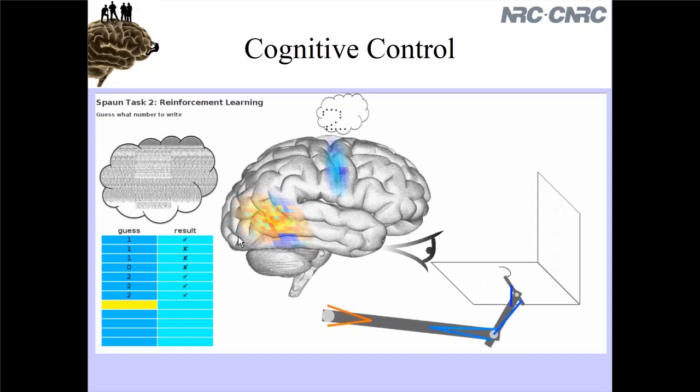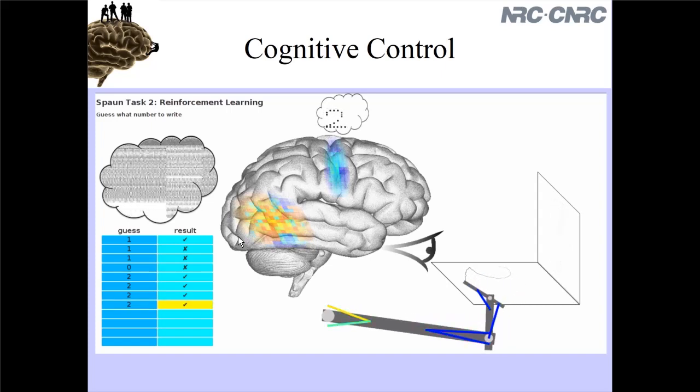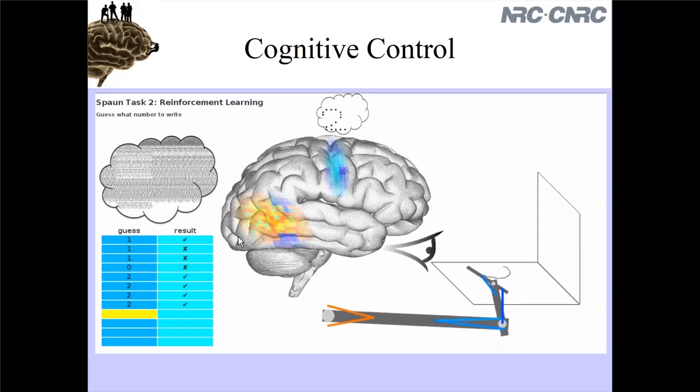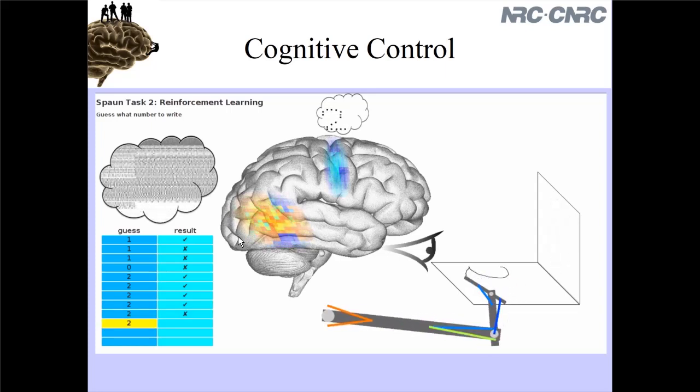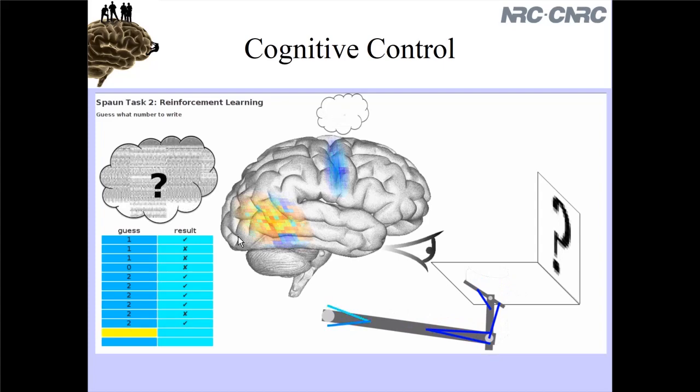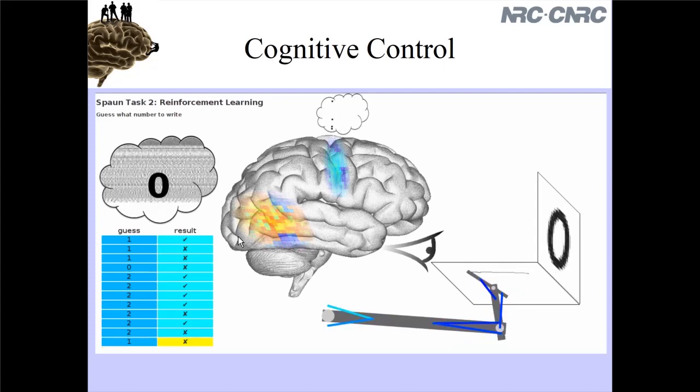This is a very standard reinforcement learning task that's done on animals relatively often. And it even works if the occasional time when you draw a 2, you don't get a point. It's still like, nah, I'm still going to draw 2s. That was done by using an online learning rule that adjusts connection weights between neurons.